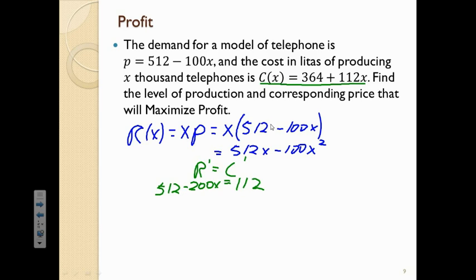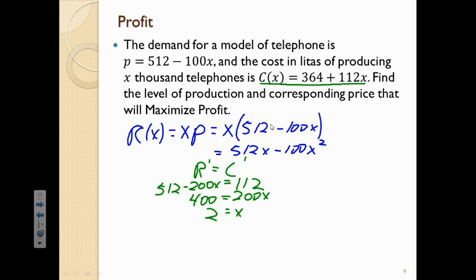Now, we solve for x. If we bring the 112 over, we end up with 512 minus 112, or 400. If we add 200x to both sides, it equals 200x. Well, our x is going to be equal to 2. Now, does that mean we should produce 2 telephones?